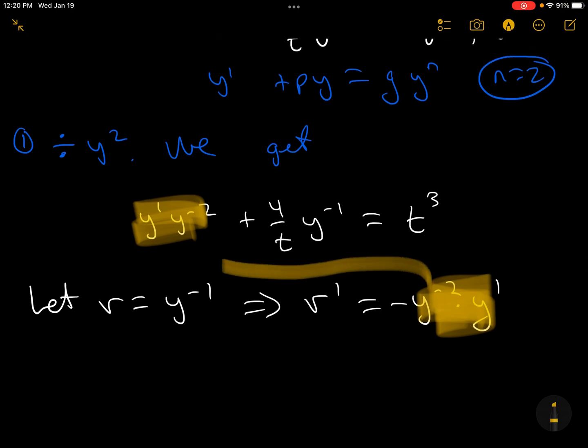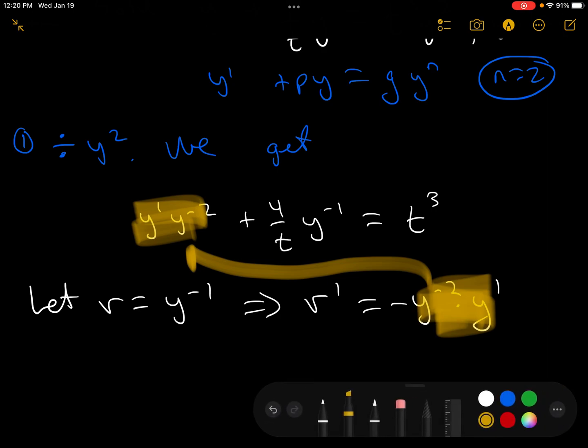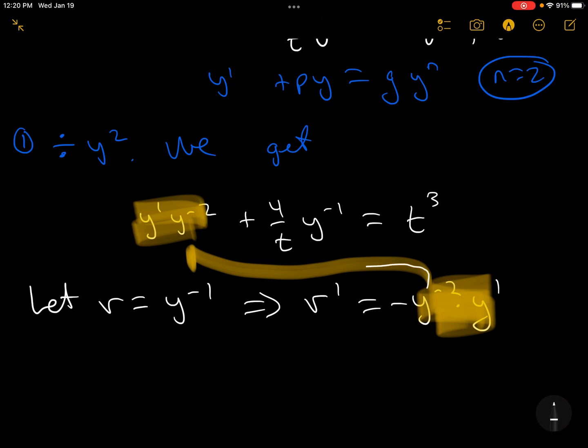So we substitute, this goes in here. So now I have minus v prime plus 4 over t v equals t cubed.